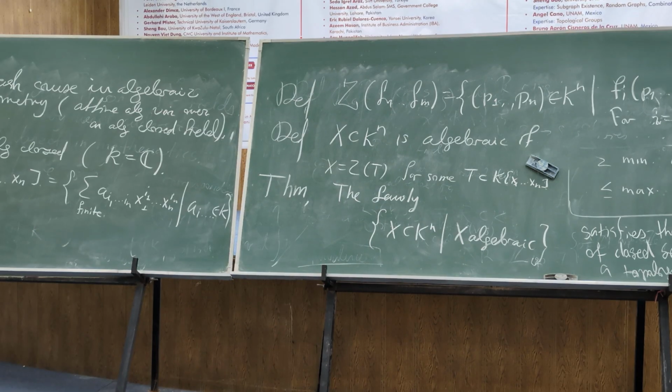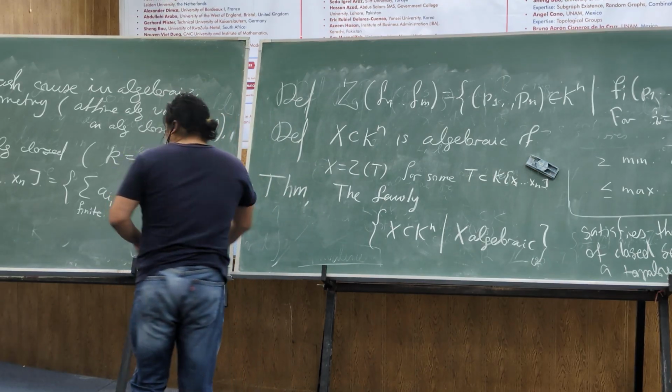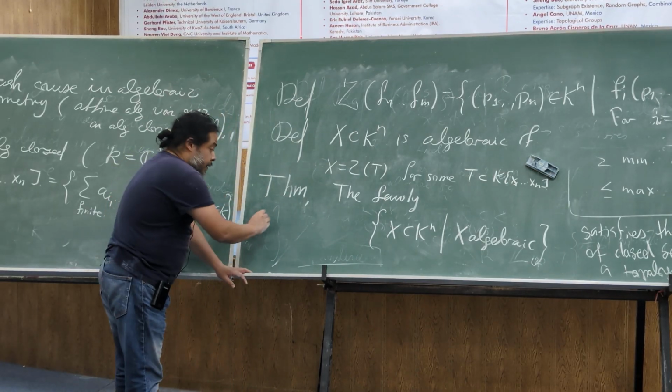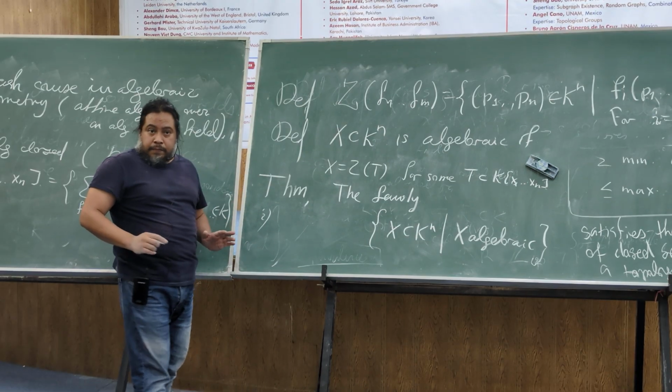So, what are the axioms of closed sets of a topology? There are three of them, right? The first one is the total space and the empty set are closed.